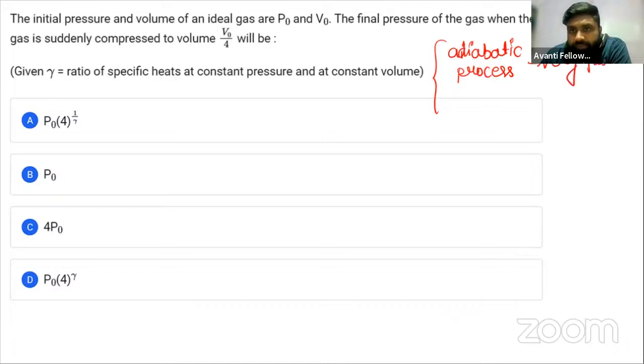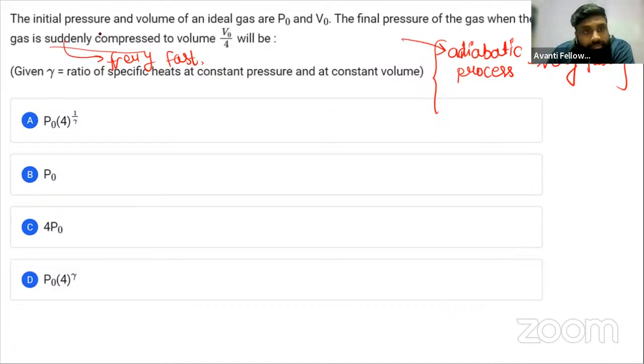So if in any question you find the terms suddenly compressed, suddenly expanded, suddenly removed, this sudden means the process is going to be very fast. So you can take this as an adiabatic process.